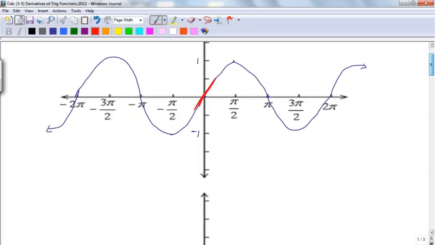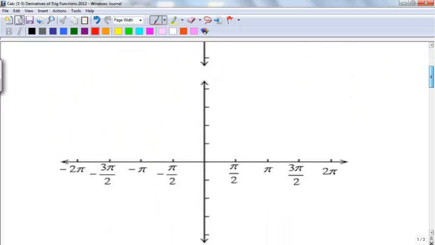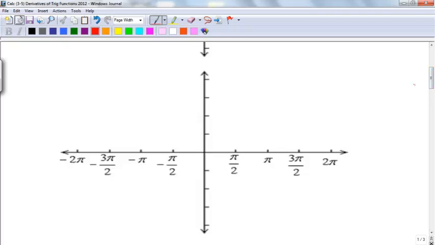So on another graph, let's graph at x equals 0 the slope is 1, so go up and put a point. Again we're going every pi over 2 on the x-axis, and let's go up to 1 and down to negative 1.